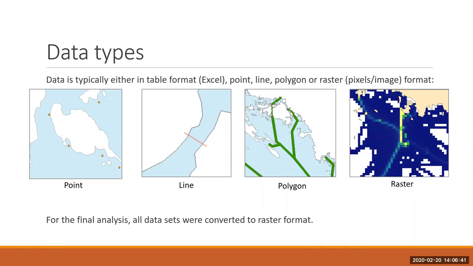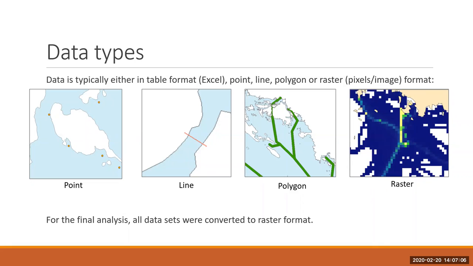And in this case, what I used as an example here for points are dredging sites. And here we have a bridge that is a line, and lines of course have length, but they don't have any width, so they're infinitely thin.